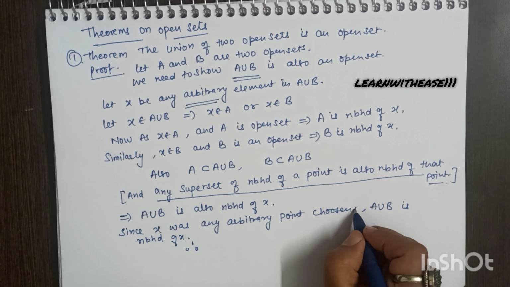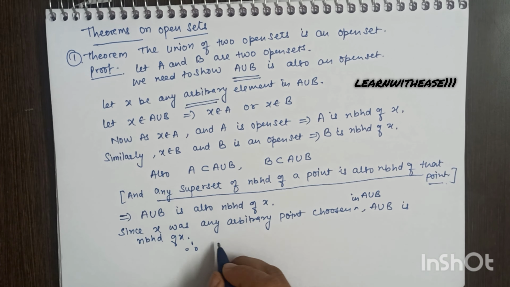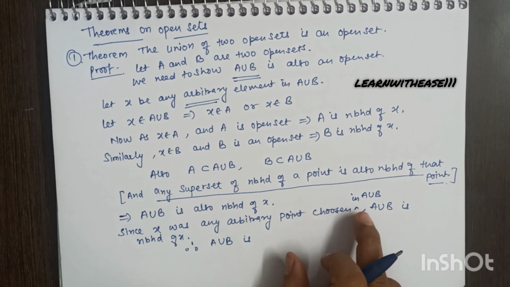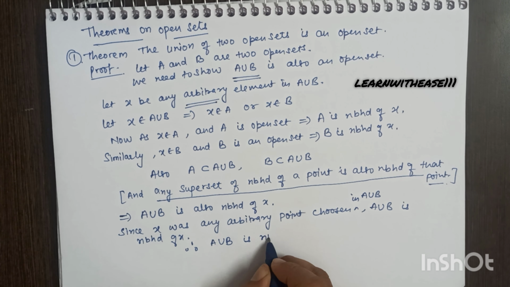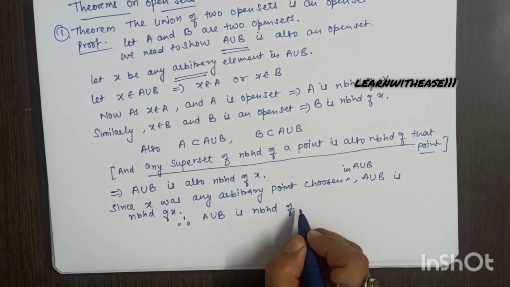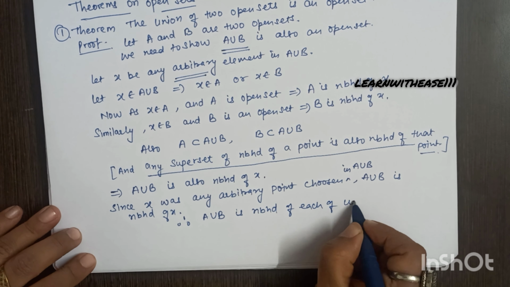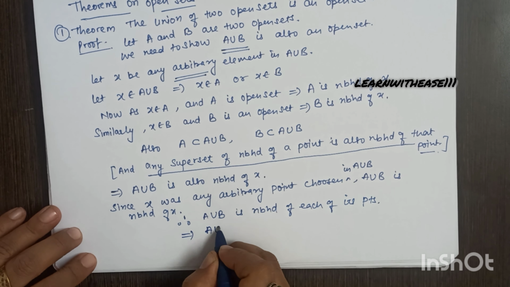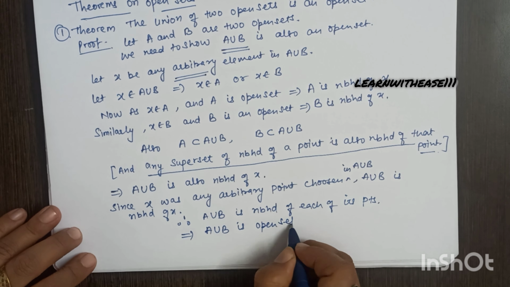So A union B is a neighborhood of each of its points. Hence A union B is an open set. This proves the result.